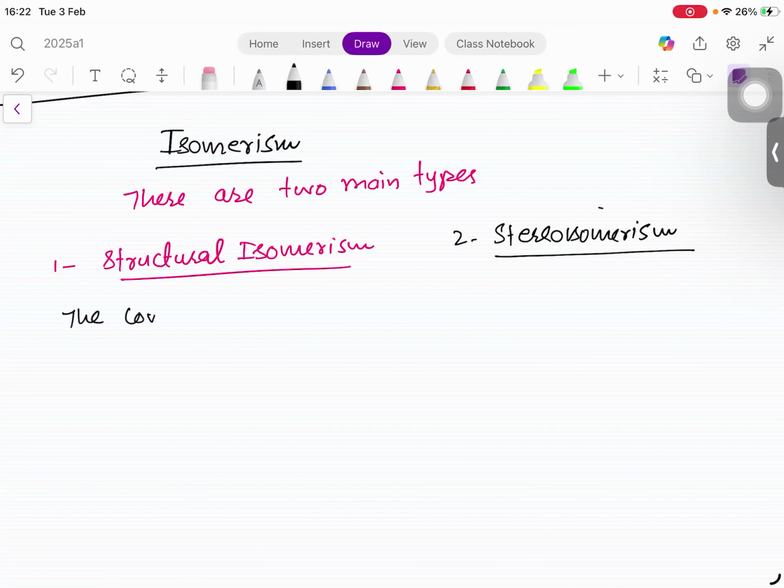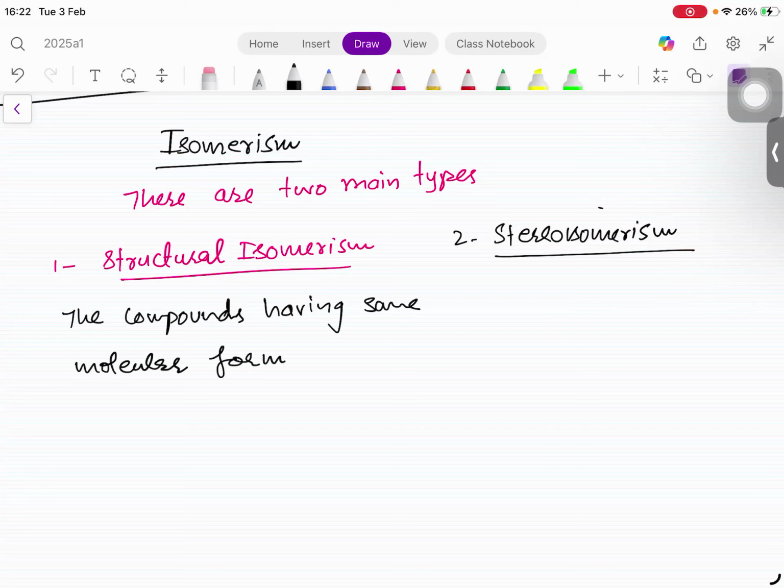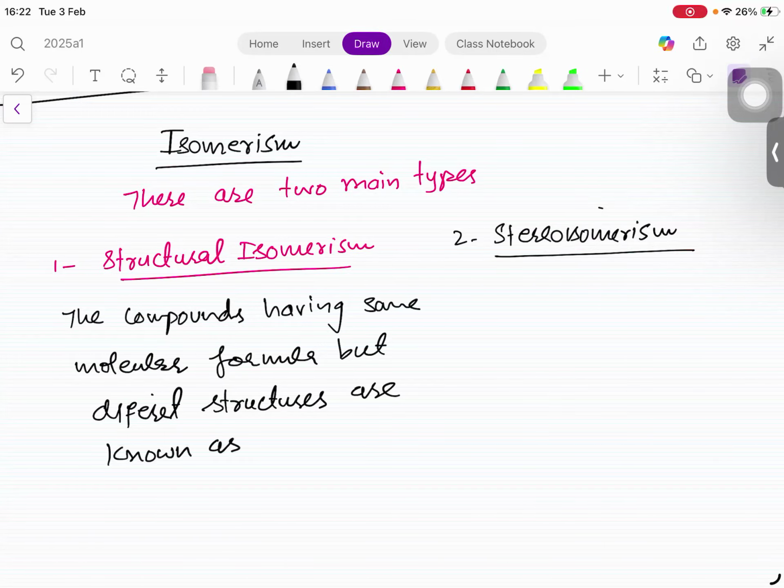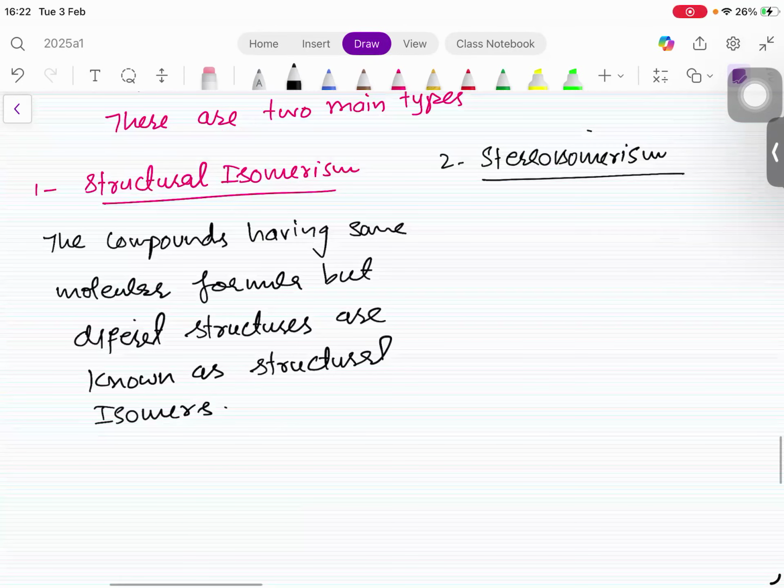Compounds having the same molecular formula but different structures are known as structural isomers. And this phenomenon is known as structural isomerism.